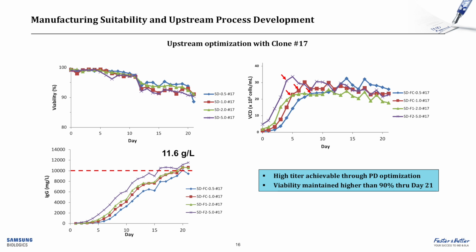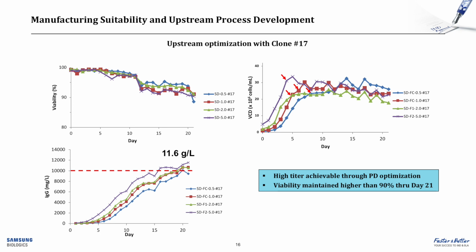You can see here where we did the study through a 20-day fed batch process, where the viabilities at the end of this study were still in the high 80s or 90% range, which is quite impressive. I will point out the viability drop around day 10 to day 11. That was primarily due to a change in the instrumentation used for cell counting. So we moved from one instrument to another, leading to that initial drop.